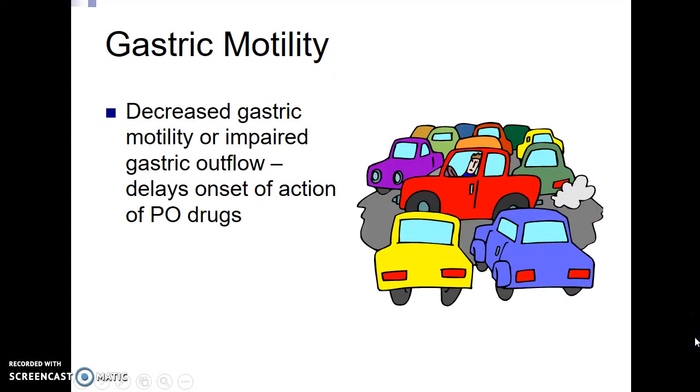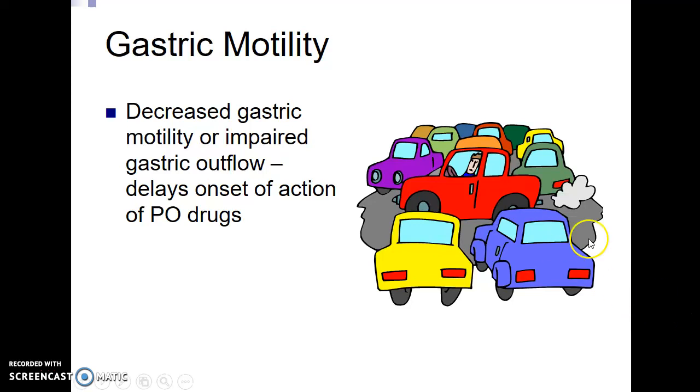On the other hand, if we have a traffic jam in the stomach, if the stomach is really still for one factor or another, a lot of food in there or something like that, where it's not reacting well, or we have a blockage of some sort, that's going to delay the onset of action of oral drugs because, as I said, most of them we're trying to get into the small intestine.